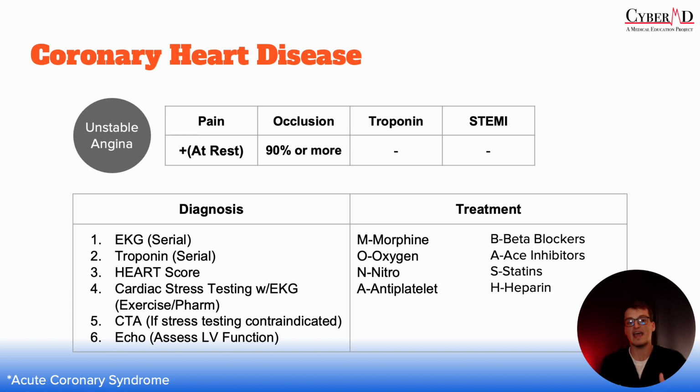And then finally, the H stands for heparin. If you occlude a vessel, there will be hemostasis, which we know is a part of Virchow's triad, and that can lend to the activation of the coagulation cascade.